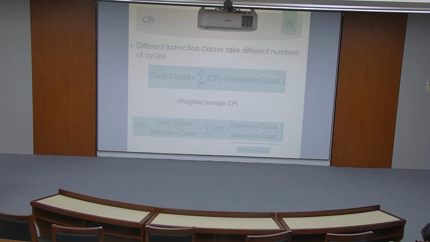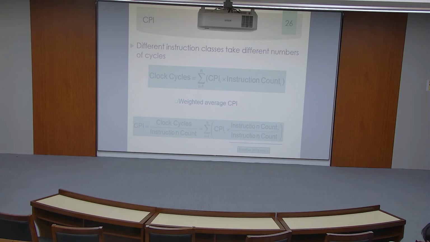Since each instruction type has its own CPI times instruction count, we get what we call the clock cycles. CPI equals clock cycles divided by instruction count, which equals the summation of CPI times instruction count i divided by instruction count. This is what we call relative frequency.